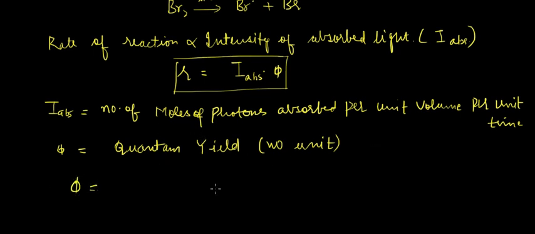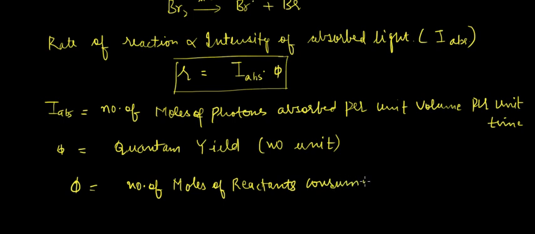And φ can also be written as the number of moles of reactants consumed divided by the number of moles of photons absorbed.